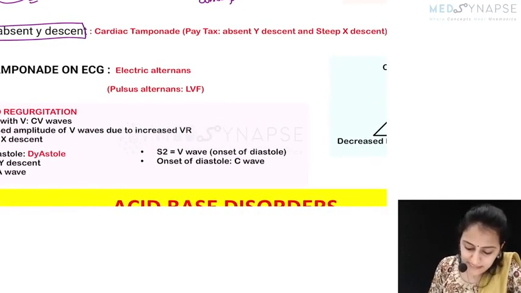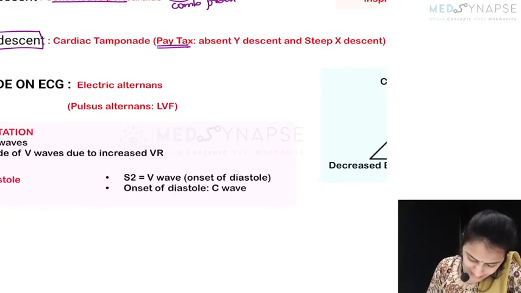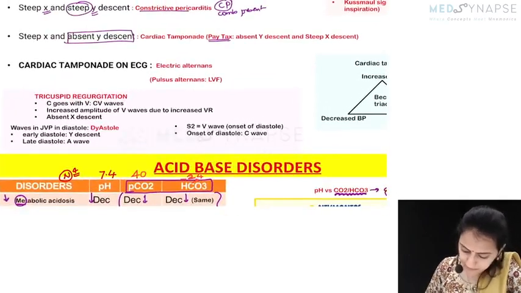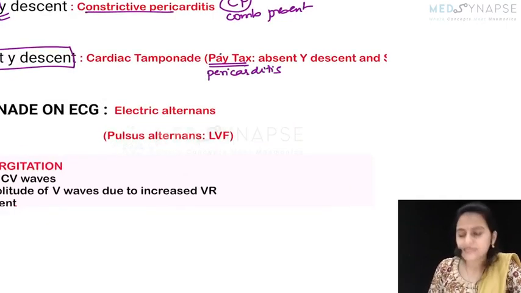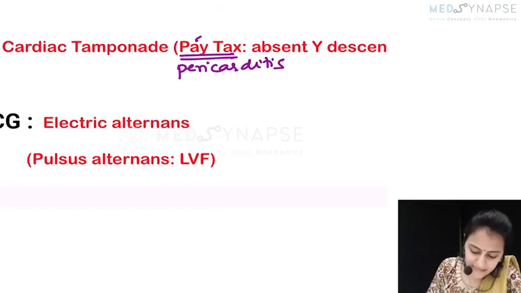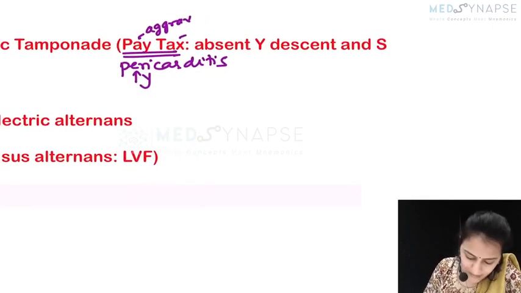So remember it as PAY TAX. What is PAY TAX? PAY stands for pericarditis, where A is not absent; A is for aggravated. It is increased Y descent. In tamponade, it is TAX.